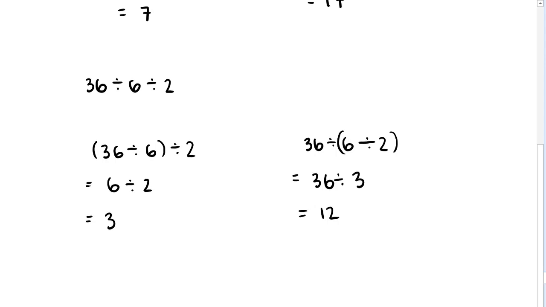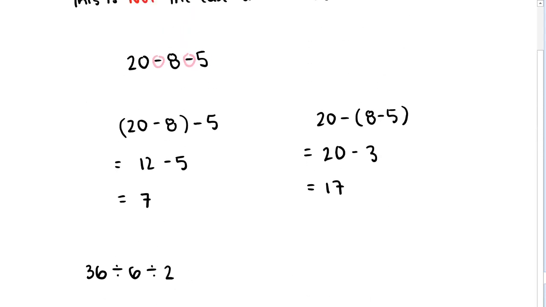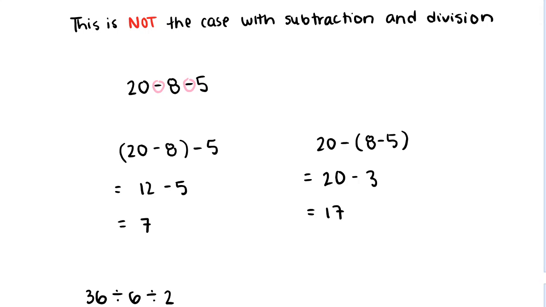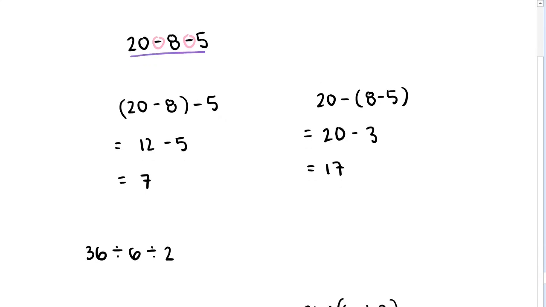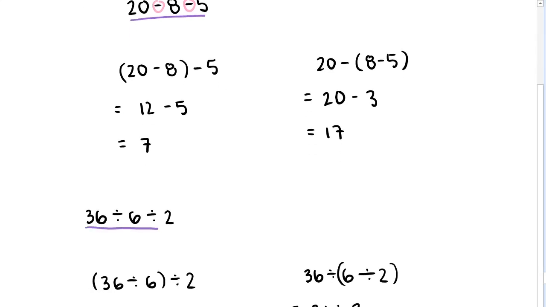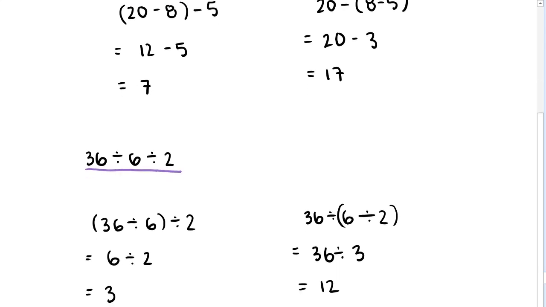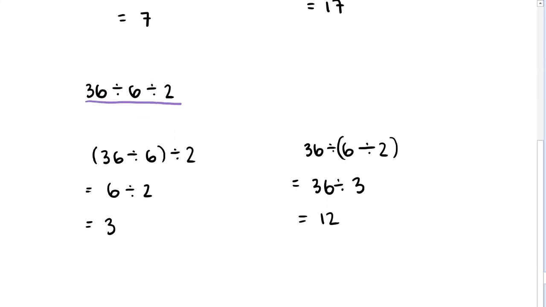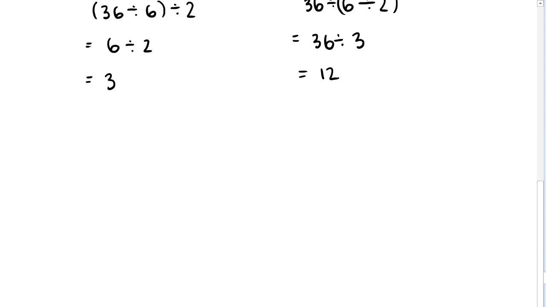So if you're looking at expressions like these, 20 minus 8 minus 5, or 36 divided by 6 divided by 2, where the order in which we perform the operations matters, and there aren't any parentheses to guide you in which ones you should take first, the convention is as follows.